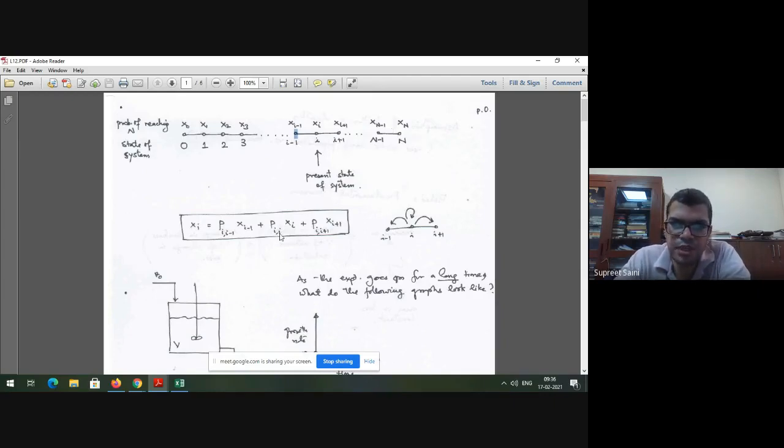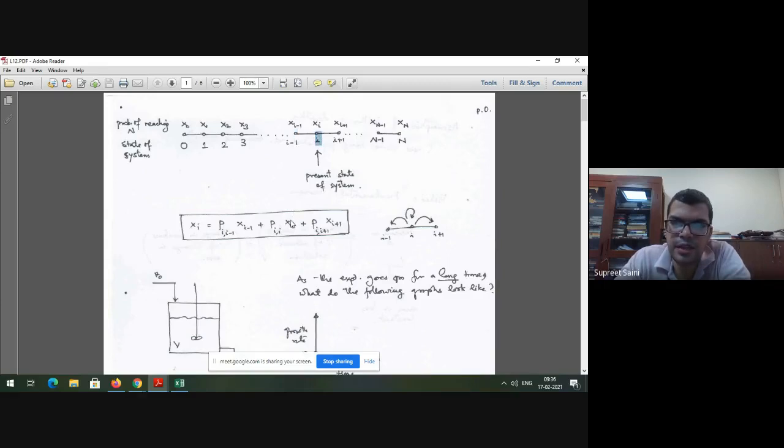The second way is that in the one time step, I don't change the state of the system, and I remain at I. Remaining at I happens with a probability pii. So in one time step, I remain here, but what is the probability of reaching n when I'm starting at I? It's just xi.